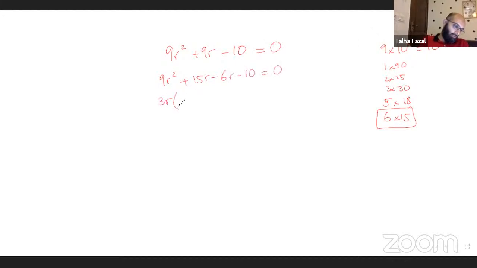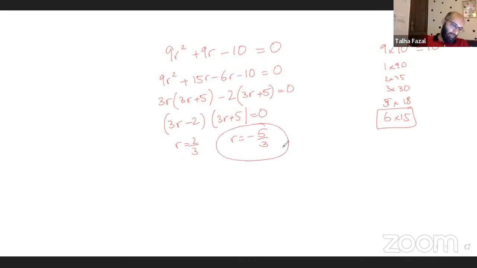Taking 3r as common, I get 3r plus 5, and taking 2 as common from the rest, I get 3r plus 5 as well. So I get 3r minus 2 and 3r plus 5 equal to 0. r is equal to either 2 over 3 or negative 5 over 3.